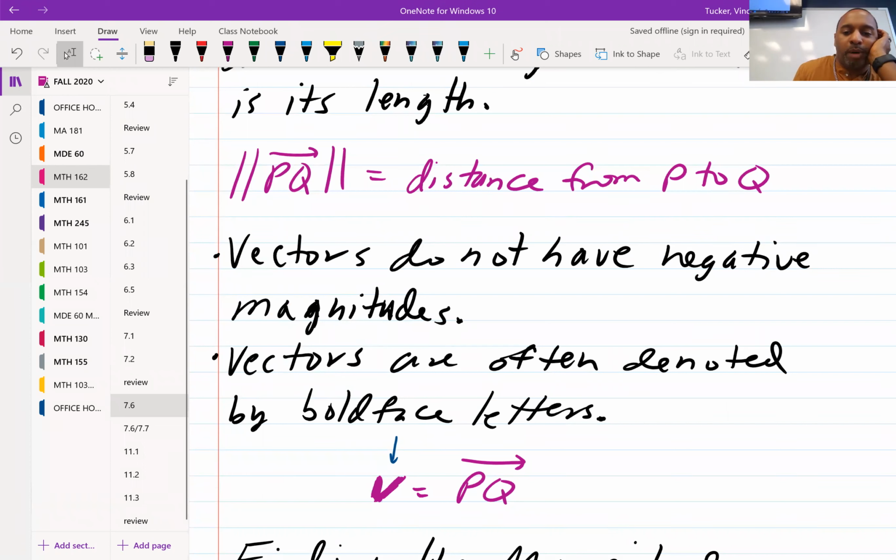Vectors are often denoted by boldface letters. I'm trying my best here to signify that v is boldface.